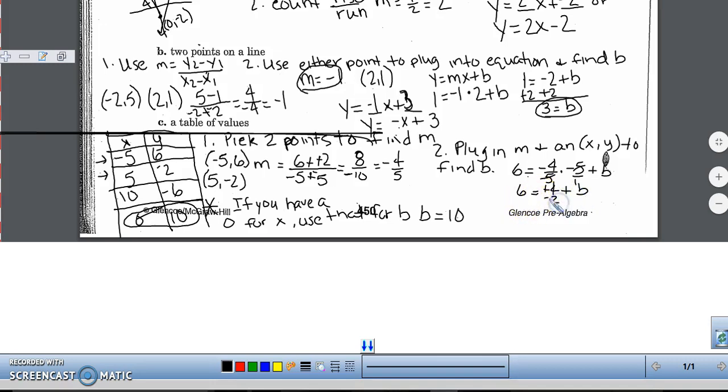We would subtract 4 on each side, and you would get 2 equals b. Okay, so I have a mistake here. So this must have to be 2. My bad. So my b would be 2. Unless I made another mistake, and if I did, then you need to point it out. So I've got y equals an m of -4/5 x plus 2. That's what I get for making up numbers in a table on the fly. Okay?